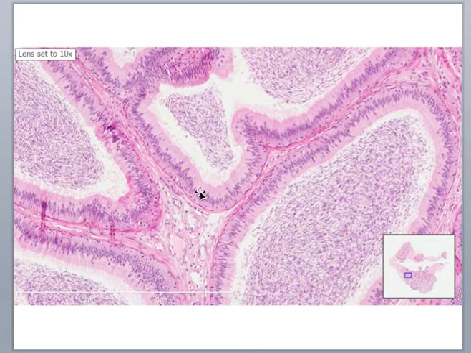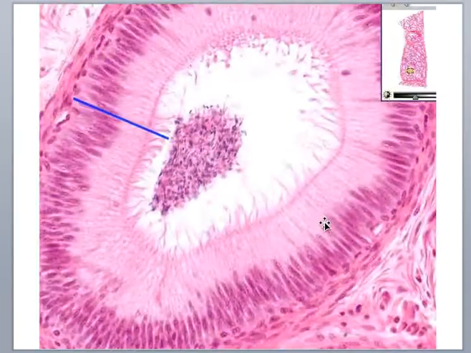They're more just columnar cells. And all of this stuff in the lumen would be sperm. So the specific would be pseudostratified columnar stereociliated epithelium, and the general would be the epididymis.